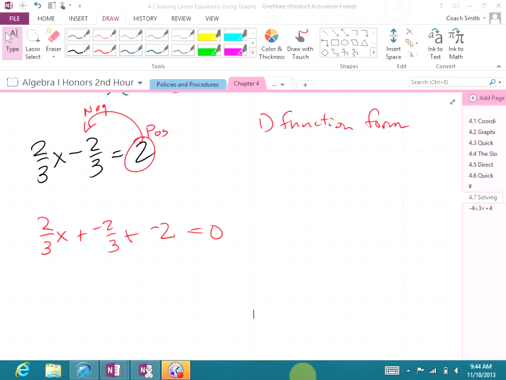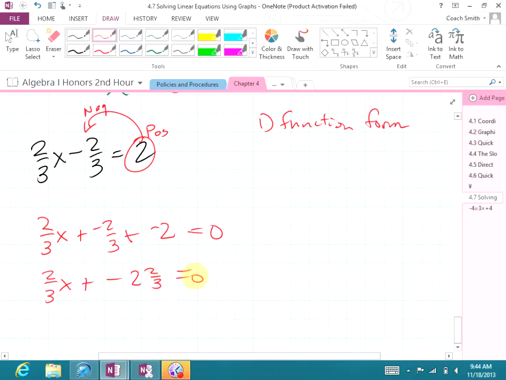Well, negative 2/3 plus negative 2 would give me what? Well, what is it? What is it mixed number wise first? Yeah, negative 2 and 2/3. You have 2/3 x plus negative 2 and 2/3, but we've got to have it as an improper fraction.